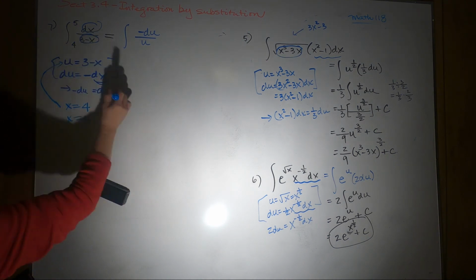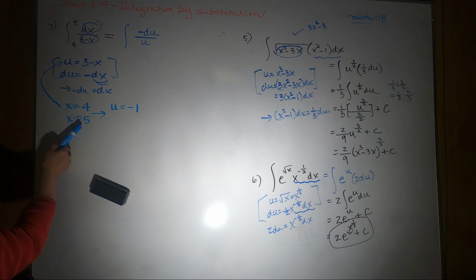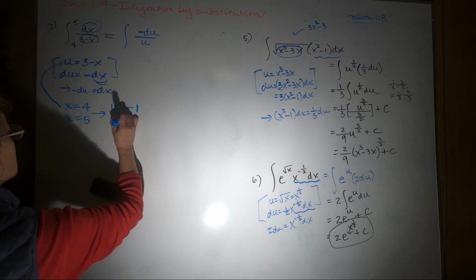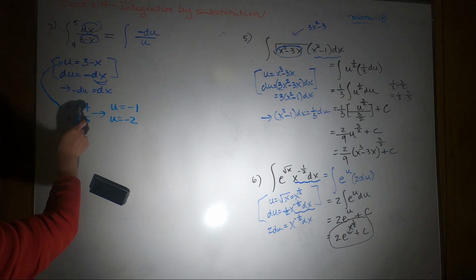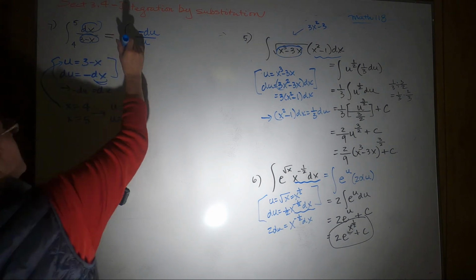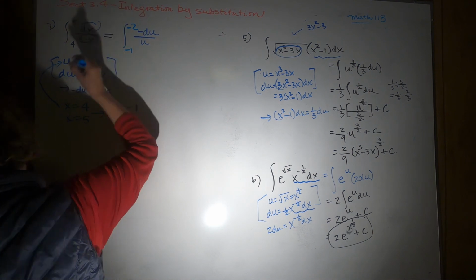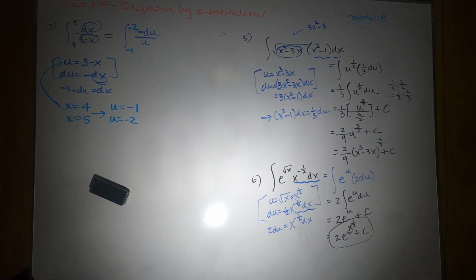X is 4, plug in, is negative 1. X is 5, plug in, u is what? Negative 2. So from 4 to 5 becomes what? Negative 1 to negative 2, right? Then we calculate from there.